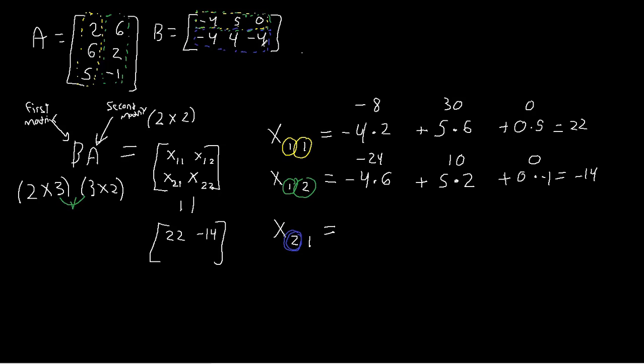We're grabbing the second column of the first matrix. That's what this 2 in the 1 spot means. So we're going to pull those values: -4 times some number plus 4 times some number plus -4 times some number.